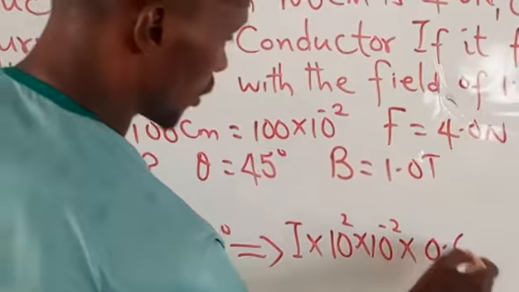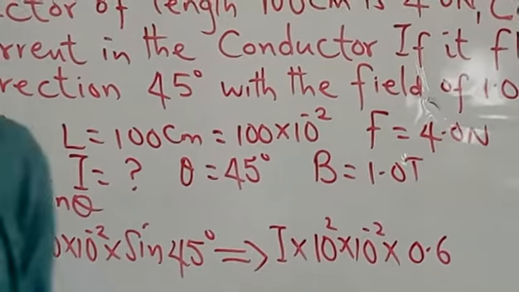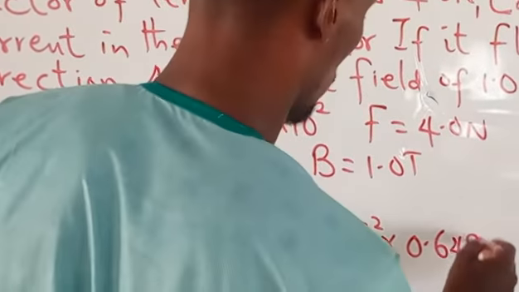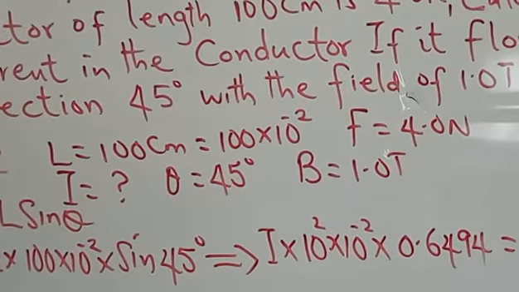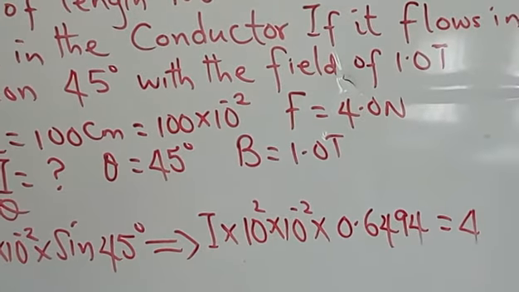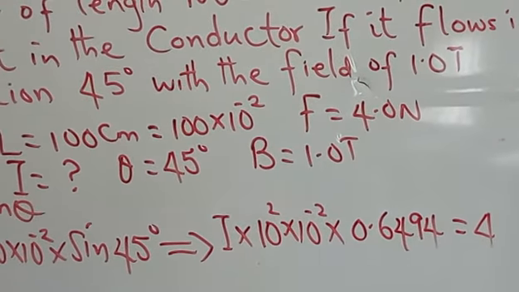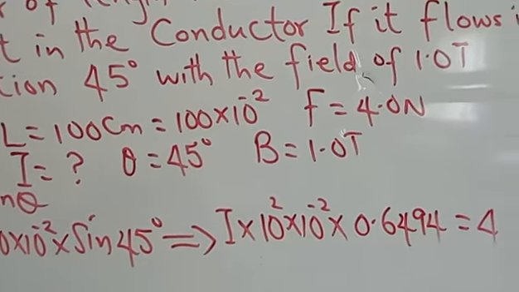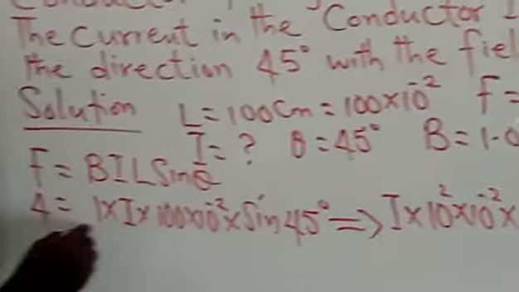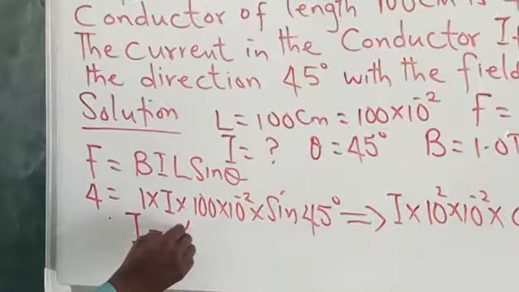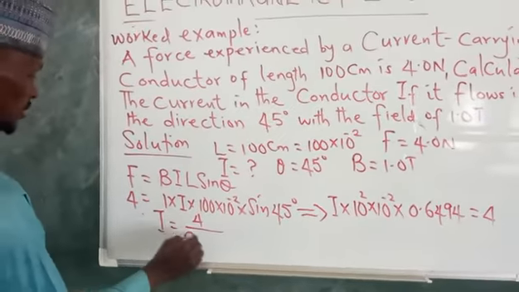We are asked to calculate the current, so our current will be question mark. They say it flows in the direction, that is theta, which is 45 degrees. Then the field strength, which is B, is given as 1.0 Tesla.